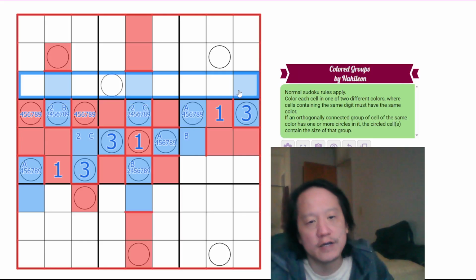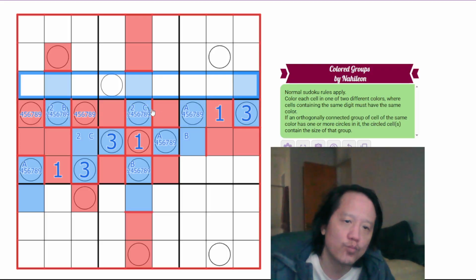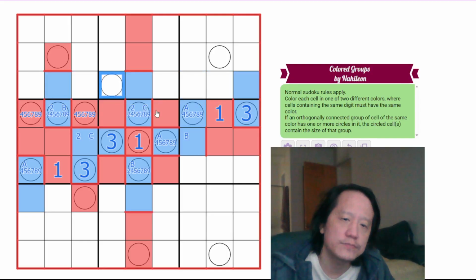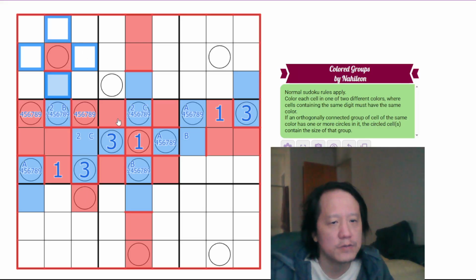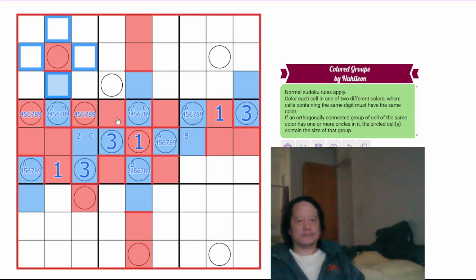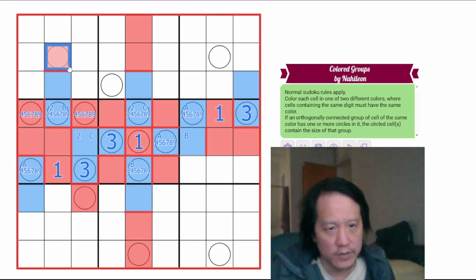What else do we have? This cannot be 1, but that doesn't really help us much. Can you have 4 blues here? Yeah, I guess. So this could actually be 1 here.